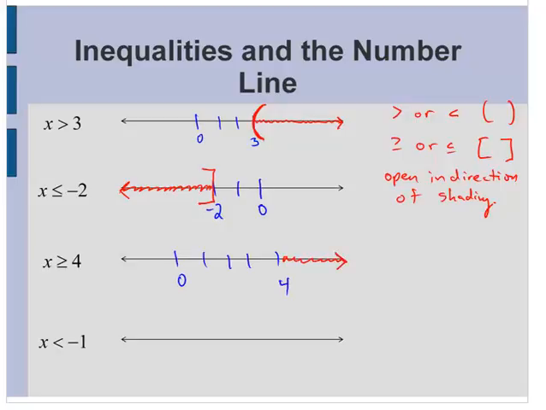And since it's an or equal to, I will use a bracket in the direction of shading. X is less than negative 1. There's negative 1. Less than negative 1 would be to the left of negative 1. And since it's less than, I will use a parenthesis in the direction of shading.